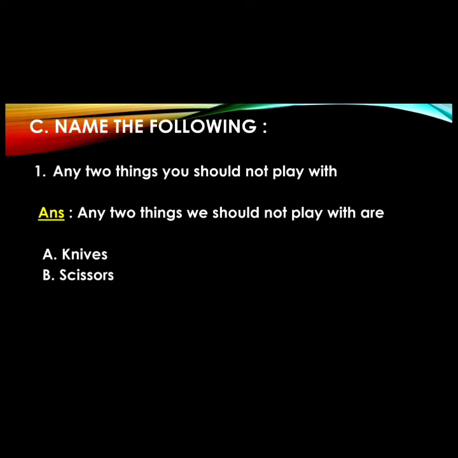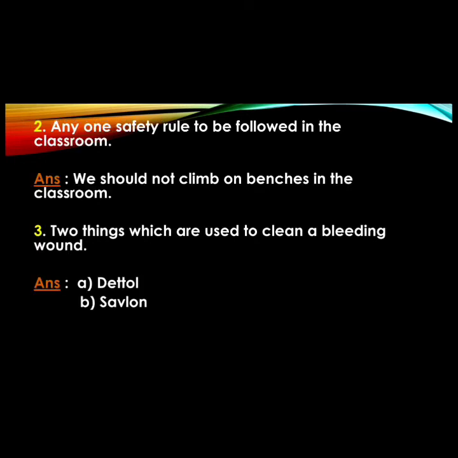Now let us move to the second question of question C: any one safety rule to be followed in the classroom. The safety rule is, we should not climb on benches in the classroom. Why? Because we may fall down and get hurt, right?